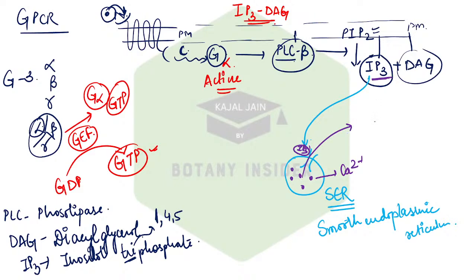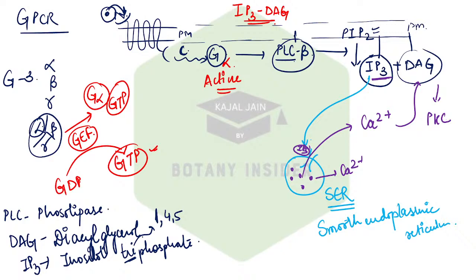That is, your calcium comes out of the Ca2 plus store and it will be moving towards your plasma membrane region. As and when it moves towards the plasma membrane region, it will be forming a complex with your DAG, which leads to the activation of PKC. What is PKC?